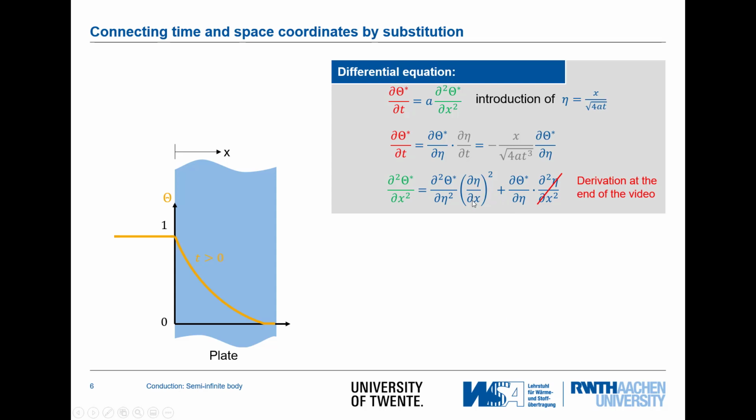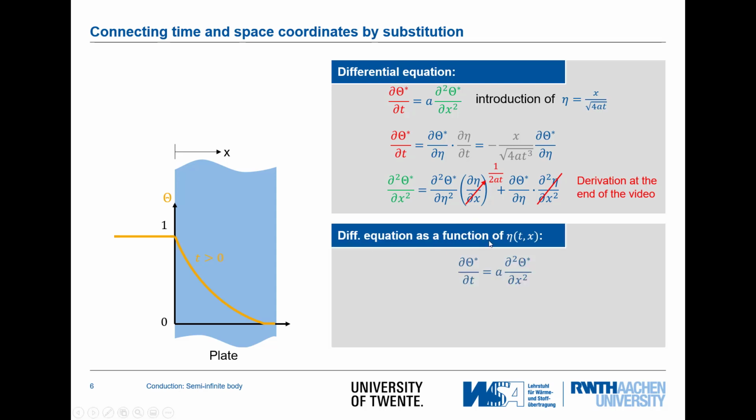And the other part is that we have to take the first derivative with respect to x, multiply it by itself, and we come up with 1 over at.